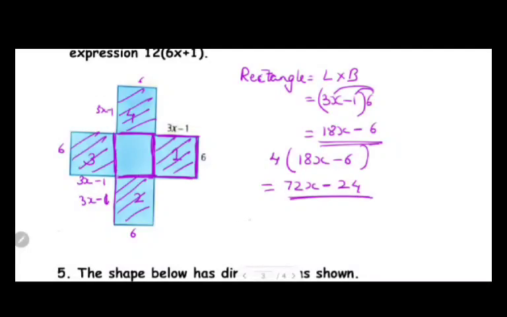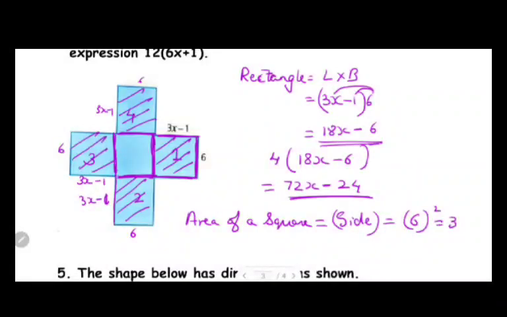Now what is the side? 6. So the area of a square is equal to side squared, which is equal to 6 squared, which is equal to 36.